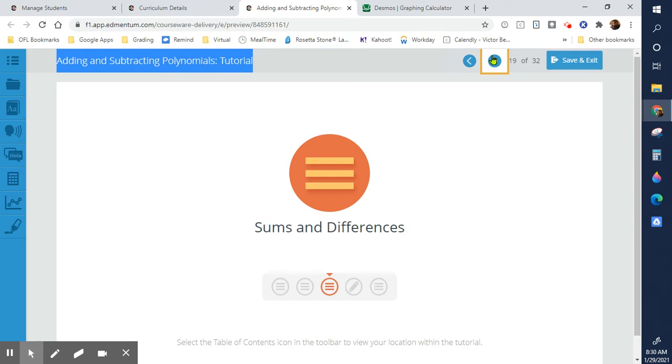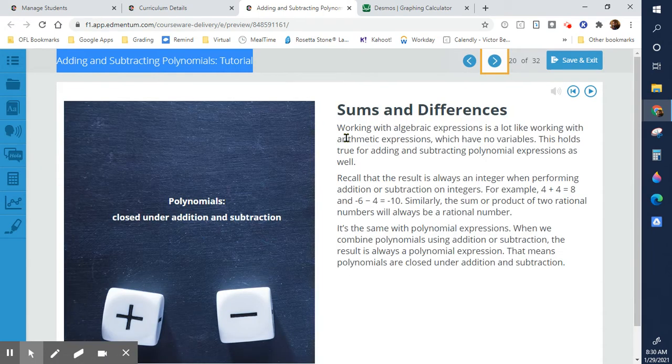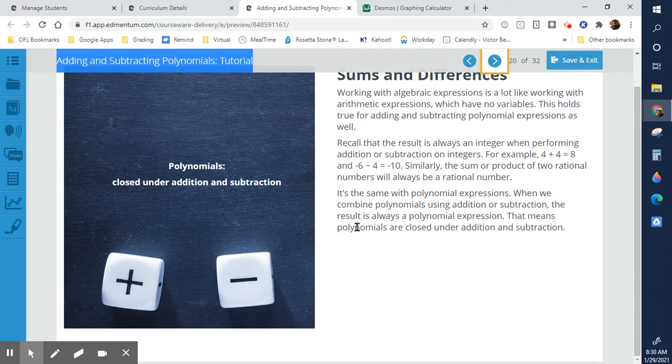All right, so let's talk about sums and differences. So sums and differences, as we saw, adding and subtracting doesn't really change polynomials too much. We've already had some practice with them, but not too much to talk about what we're going to be doing on this.